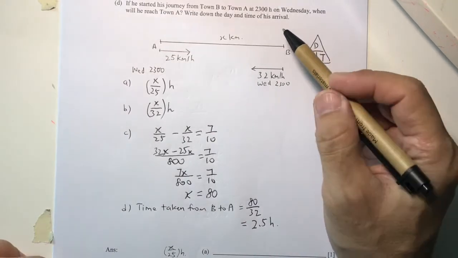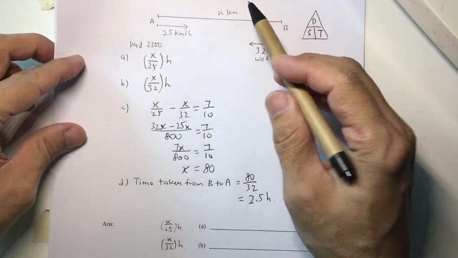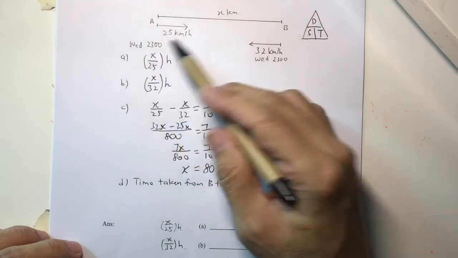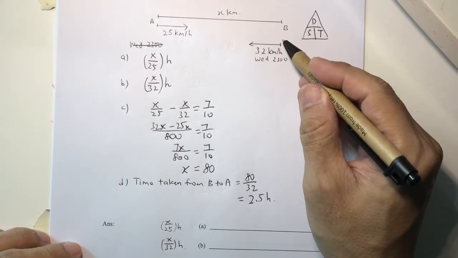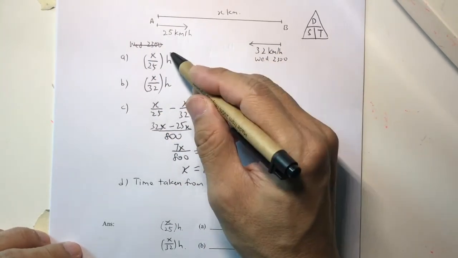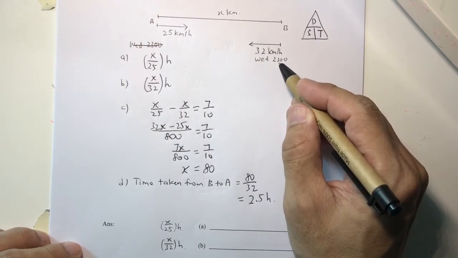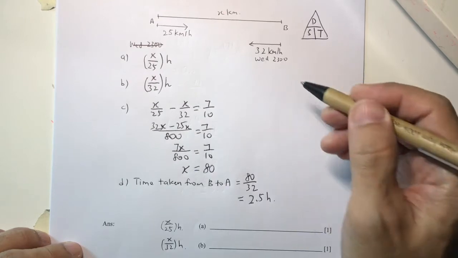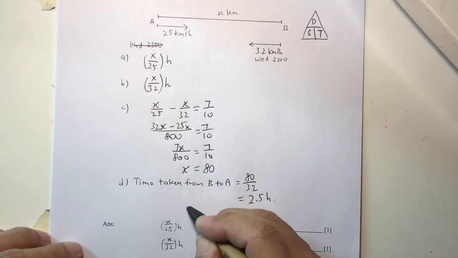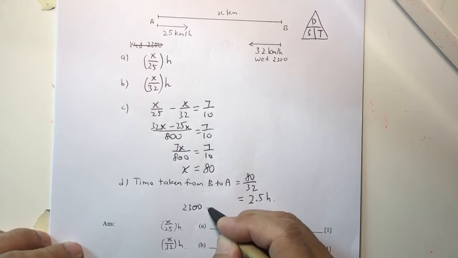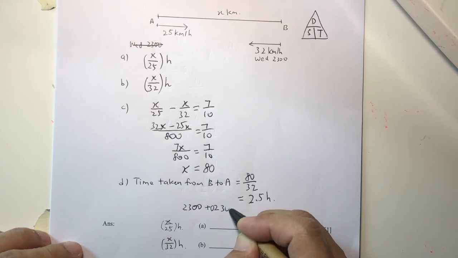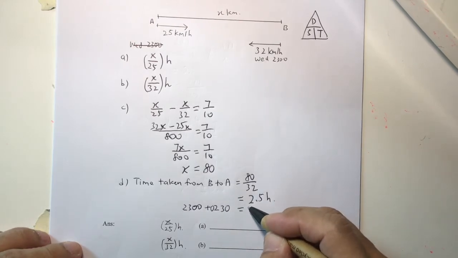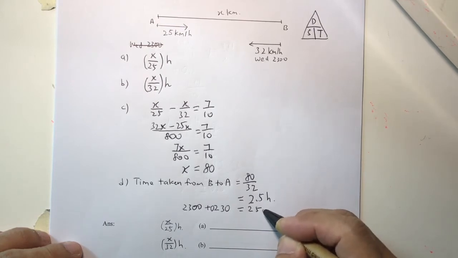Now, since we need to find the time when he starts on Wednesday at 2300 hours from B to town A, and it takes 2.5 hours, adding 2.5 hours to this, we will have 2300 plus 2 hours and 30 minutes to give us 25:30.